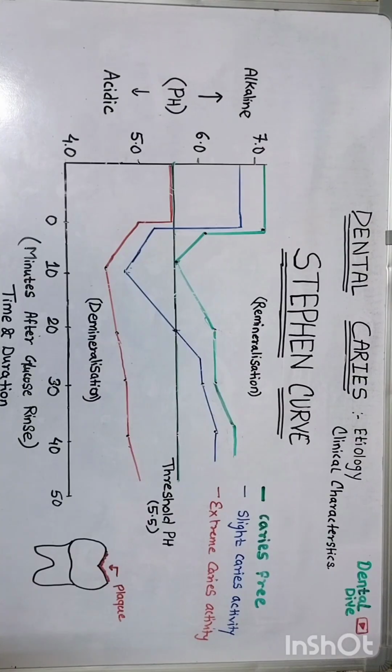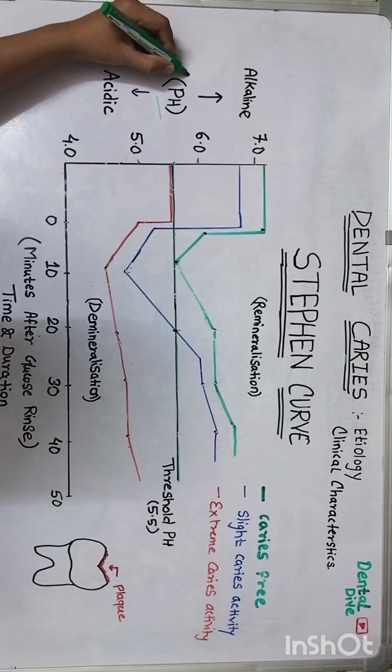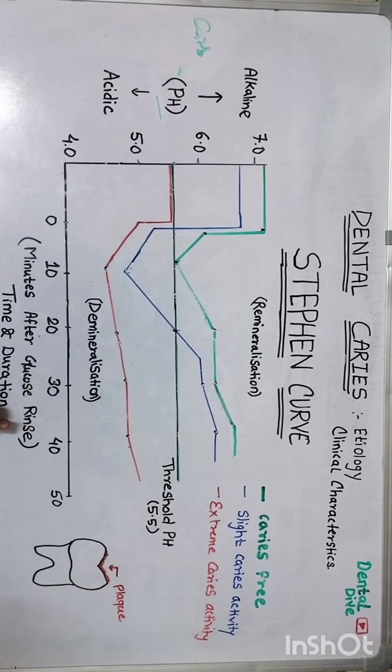This is the Stephan curve. It shows us the relationship of time and the pH of dental plaque after the exposure of carbohydrate, which is a glucose rinse. It is the graphical representation of how the pH level of the mouth, that is dental plaque, after consumption of carbohydrate will make teeth more prone to demineralization.